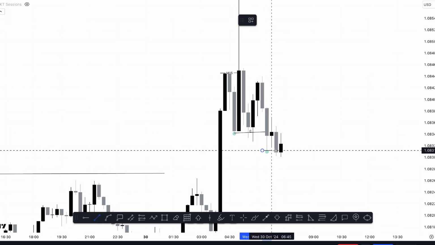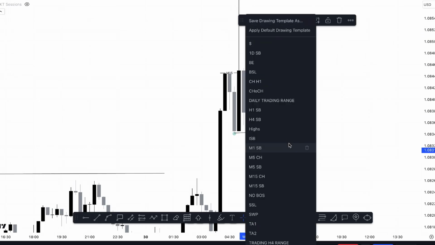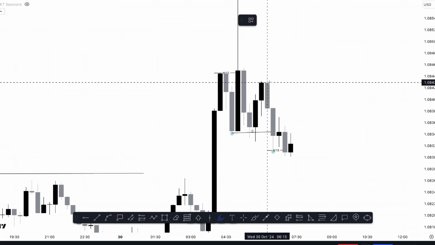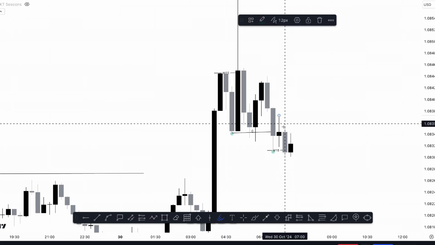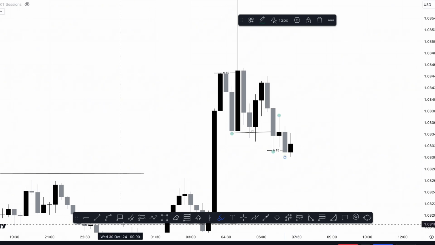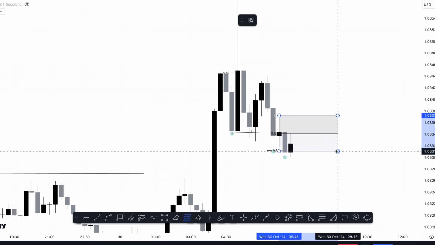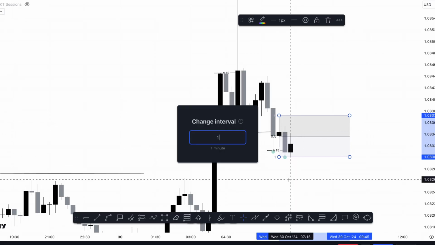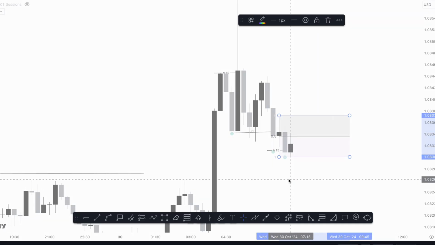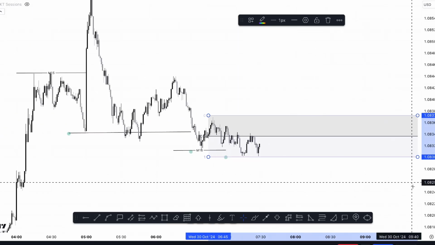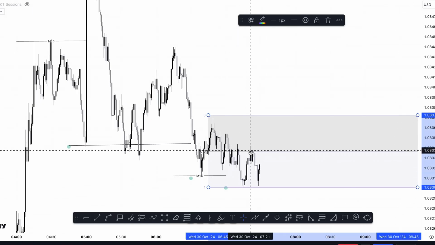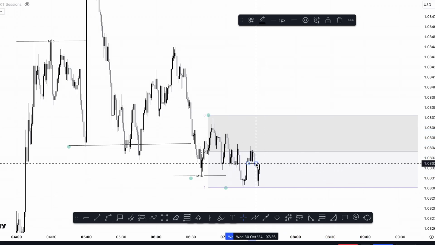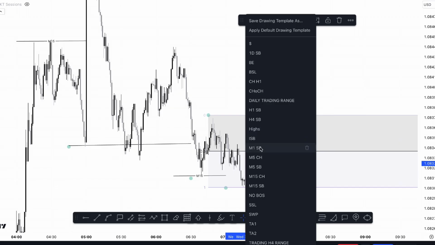It ended up breaking a new structure right here and gave us a new swing high point and a swing low point, right? And all I have to do now is just wait on price to come anywhere inside here to give me that 1 minute change of character. And in this case, price actually tapped inside here, and it did change character right here.